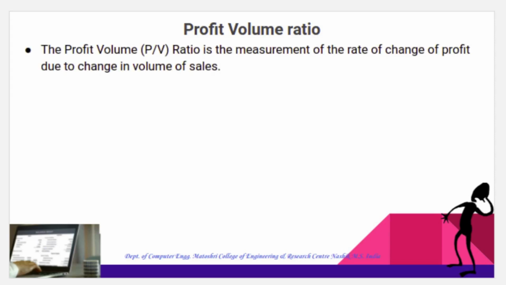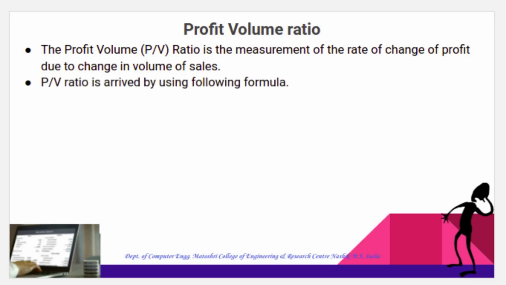The profit volume ratio is the measurement of the rate of change of profit due to the change in volume of sale. It is one of the important ratios for computing profitability, as it indicates the contribution earned with respect to sale.